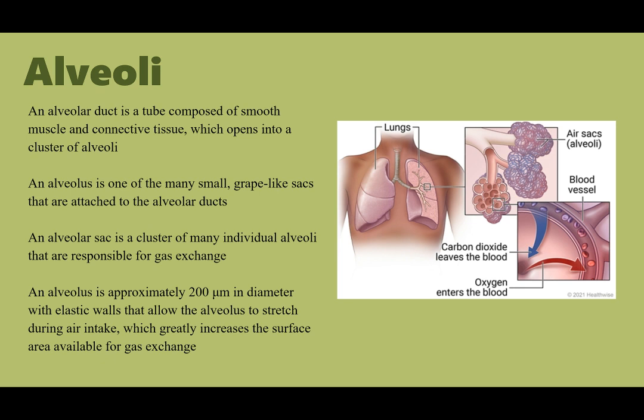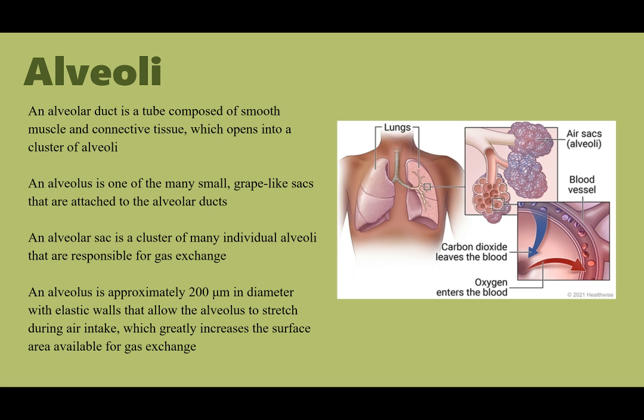The name of the cluster of alveoli is called the alveolar sac. And an alveolus is approximately 200 micrometers in diameter, with elastic walls that allow the alveolus to stretch during air intake, which greatly increases the surface area available for gas exchange.